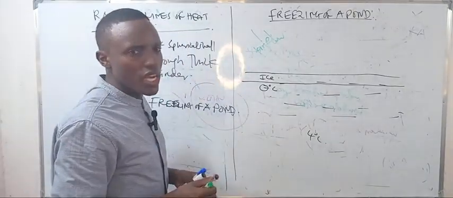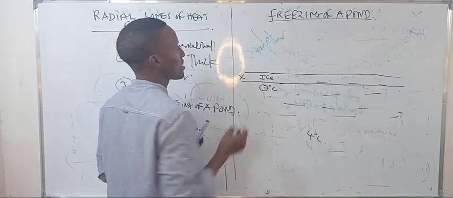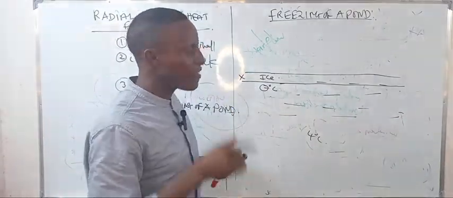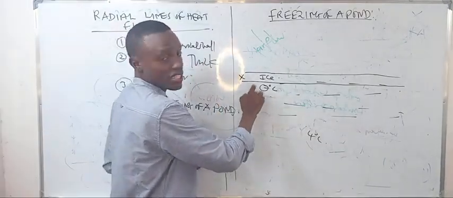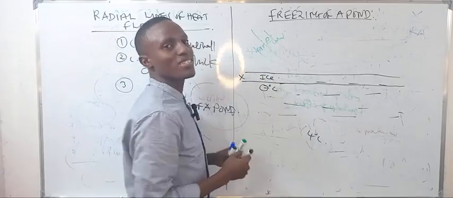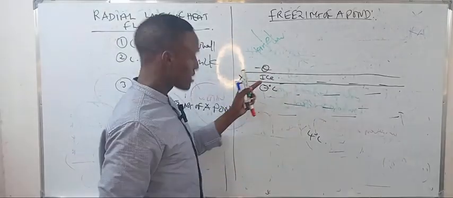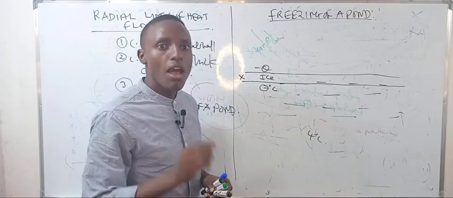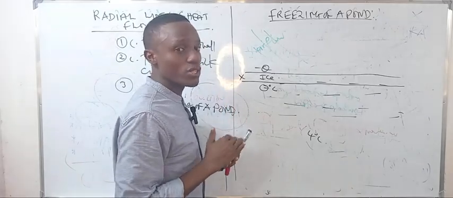But what you need to know is they will ask you questions like, by how much time the length of the ice will be something. So let's say the thickness of that ice is X. The first assumption is that just below the ice, the temperature is 0 degrees centigrade. The second is about the temperature above; we assume it's a negative temperature. The third assumption is that ice transfers heat by conduction, not by radiation, not by convection.